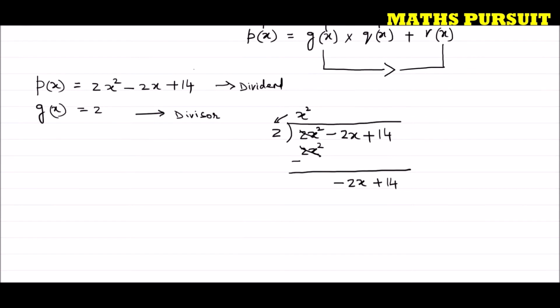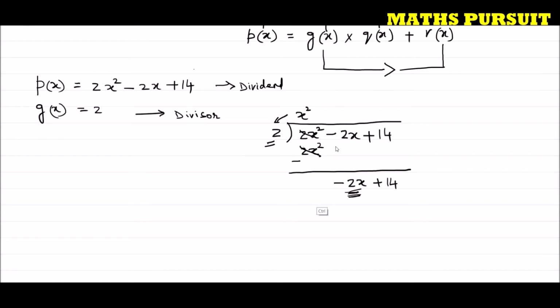This is one of the most important questions. Here in this new dividend we have minus 2x, and here we have 2. What should I multiply with this 2 so that I can get minus 2x?